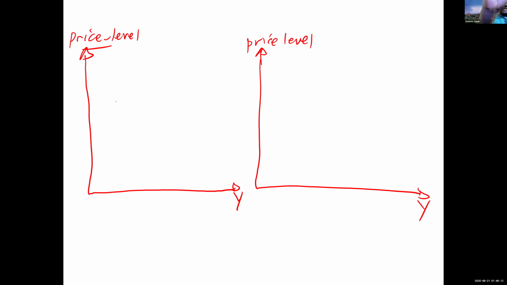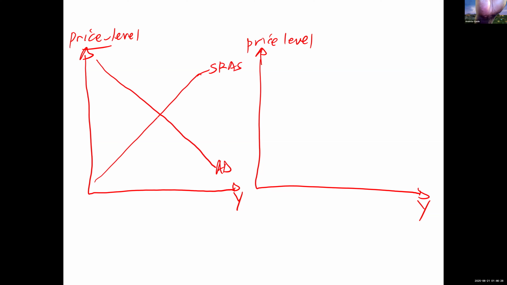So the first one, the short-run macroeconomic equilibrium which produces a recessionary gap, occurs where the intersection between your aggregate demand and short-run aggregate supply curve happens to the left of the long-run aggregate supply curve. This vertical line, you remember, is your long-run aggregate supply. So definitely we're not in long-run equilibrium.